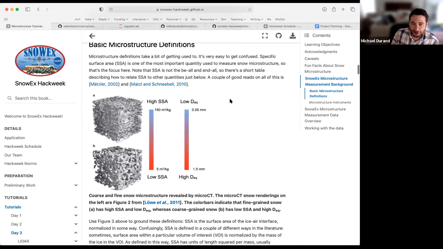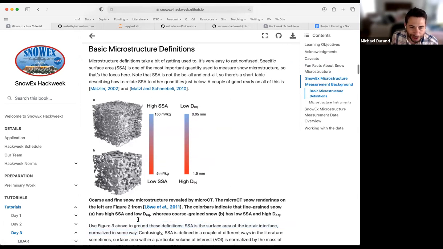So what is specific surface area? You can imagine it by looking at these graphics that show micro-CT representations of snow. Just imagine all of the surface area of the ice structure, the ice-air contact. Imagine all that area and then normalize it by something.